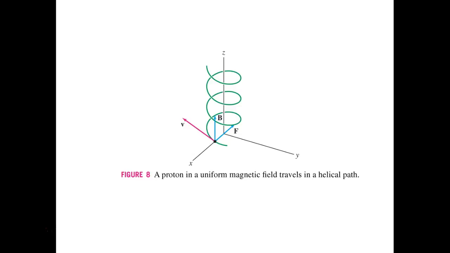And by the way, the SI unit for magnetic field B is the Tesla, named after Nikola Tesla, who studied under Edison, but disagreed with Edison, and then they broke off pretty bitterly.